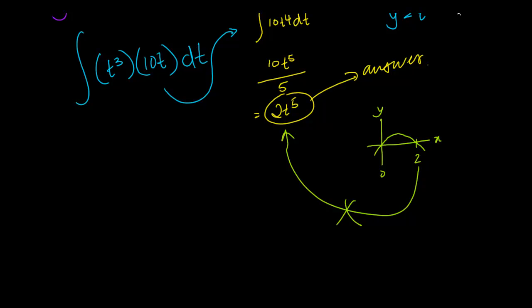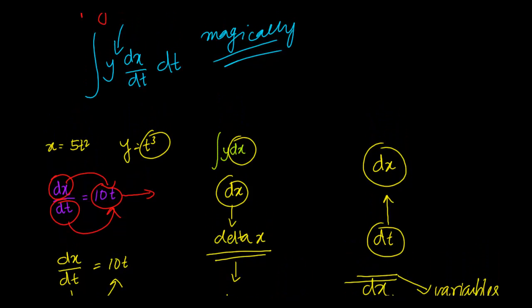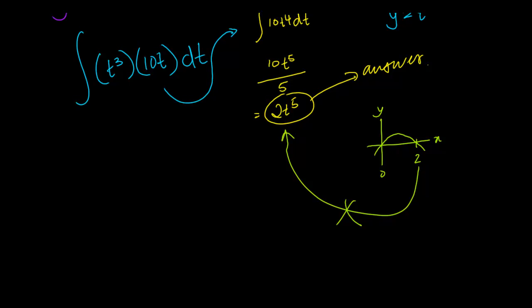You need to put t values. We need to remember that x is equal to 5t squared. So we have to essentially convert 0 and 2 of x into t.